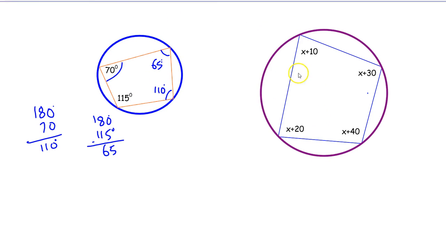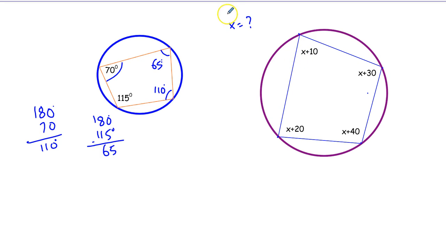But in the second problem, you have x's also: x plus 10, x plus 20, x plus 40 and x plus 30. First find the value of x. You are asked to find the value of x and then the measure of each of these four angles. Now you know that this quadrilateral is inscribed in the circle because all the four vertices are lying on the same circle.